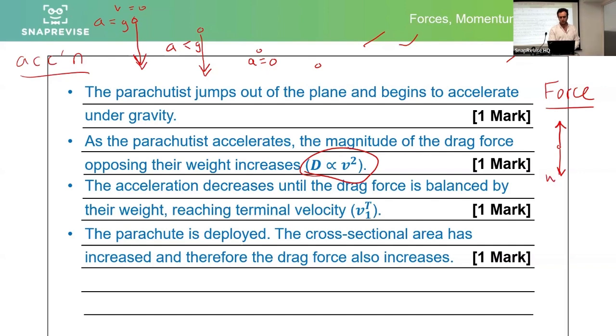We've got the weight, we've got the drag. After the parachute, the weight stays the same, but the drag actually temporarily becomes huge. And so the resultant force is suddenly up. It's going upwards.